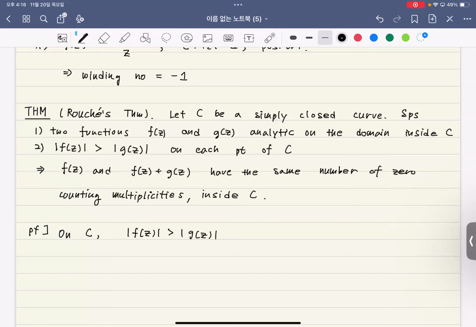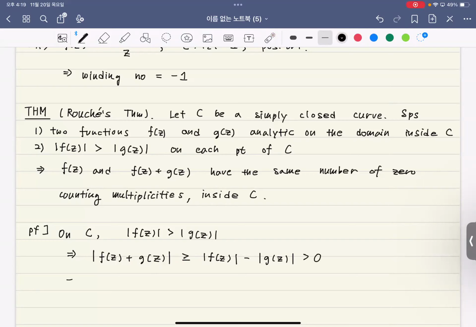So the modulus of f of z plus g of z is always bigger than, by a simple application of the triangle inequality, this lower bound. But on this curve, this number is bigger than this, so this is always strictly bigger than 0, right?